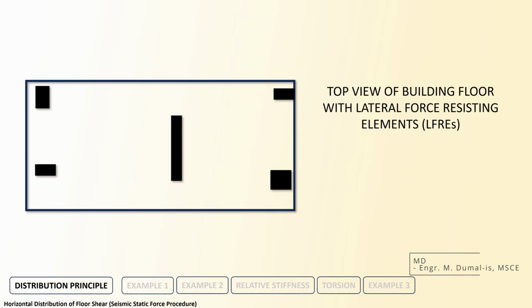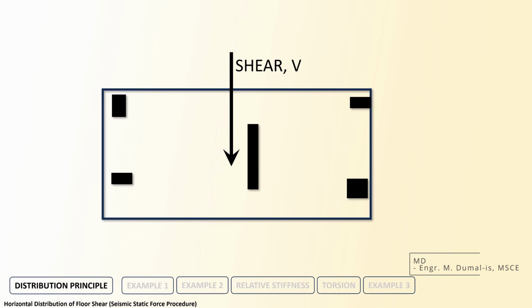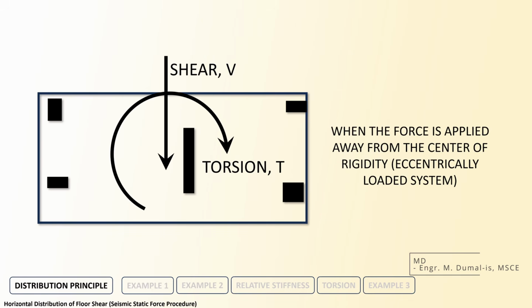Moving forward, it's important to note that every floor carries its own share of shear loads. However, when the force is applied away from the center of rigidity, in other words, when we have an eccentrically loaded system, it creates torsion in addition to shear. This means that both effects must be considered in our analysis, as shown on these slides.